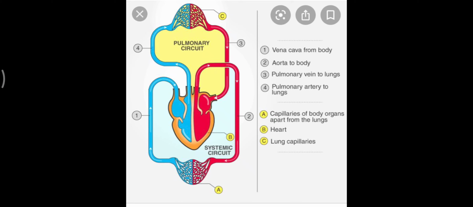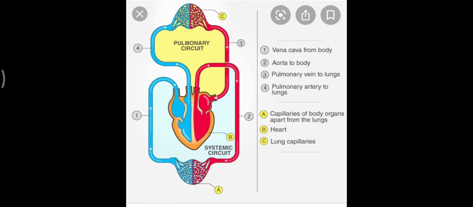The second type of circulation is systemic circulation, which basically deals with pumping of blood to body parts. From the left ventricle the oxygenated blood moves to the aorta, and from the aorta it goes to body parts.